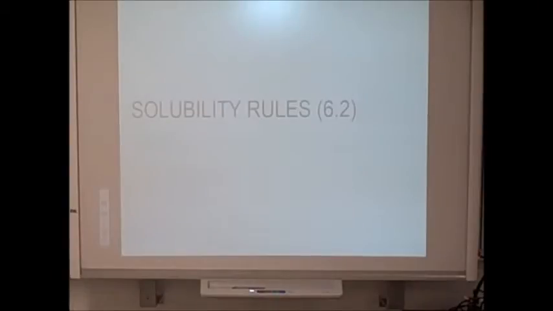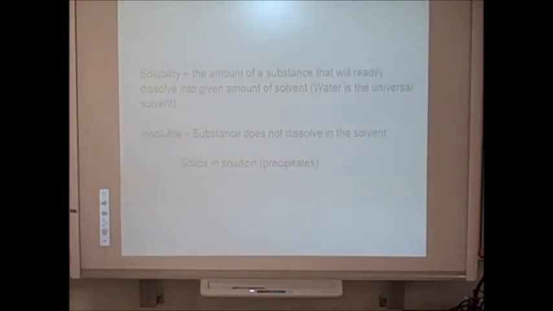Alrighty, today we are doing Learning Target 6.2, solubility rules, and within this we're going to be looking at double replacement. So the first thing that we have to talk about is what solubility is. Solubility is the amount of a substance that will readily dissolve into a given amount of solvent. For example, sodium chloride, NaCl, table salt, will very easily dissolve into water.